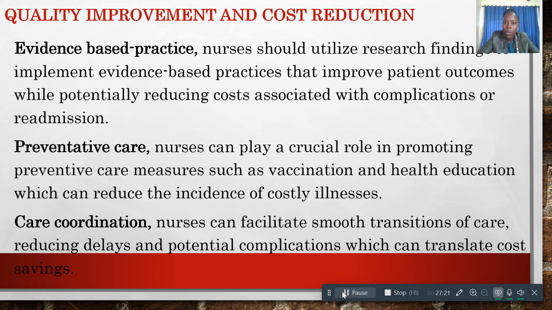You have vaccinated those children against those different kinds of diseases, meaning that these children are having a very low risk of suffering from those illnesses, and in turn you're reducing the incidence of those costly illnesses. So that's improving the quality of care of our children and also the adults.